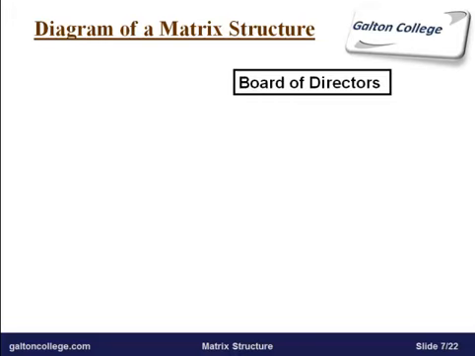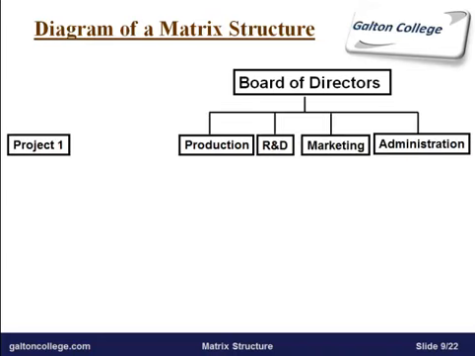First of all, we'd start with the board of directors, the people who are ultimately responsible, and then we have various functions that we'd associate with most companies: production, research and development, marketing, administration, probably human resources, whatever, different departments.